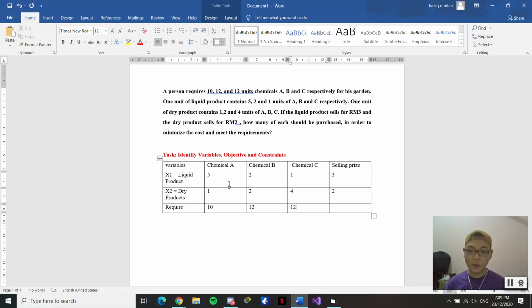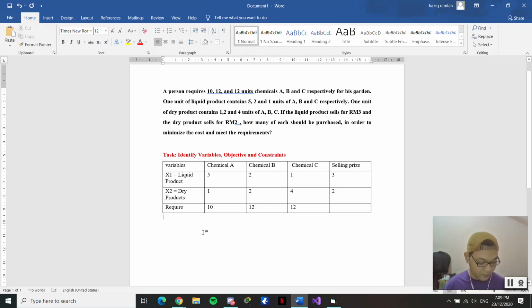So after we're done with this table, let's begin to actually answer the task that has been given, which is to identify the variables, objectives, and constraints. It clearly says over here that we have the variables, which are liquid and dry products. So we're just going to put that as variables.